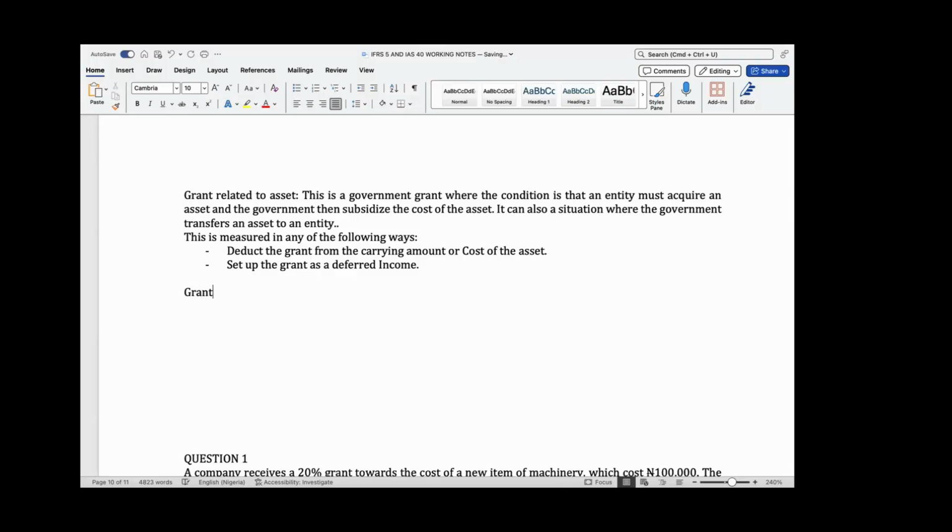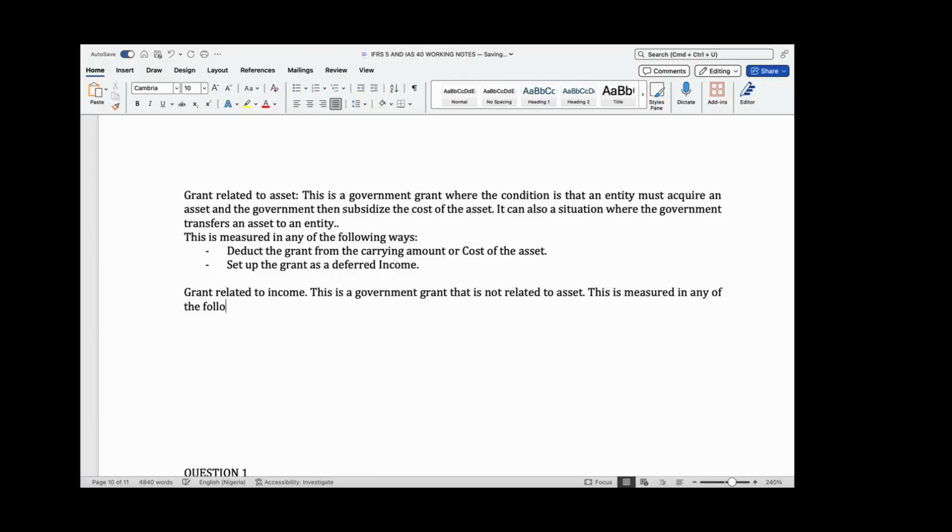And we have grant related to income. So this is a government grant that is not related to assets. So any grant that is not related to assets is definitely related to income. And this is measured in any of the following ways.